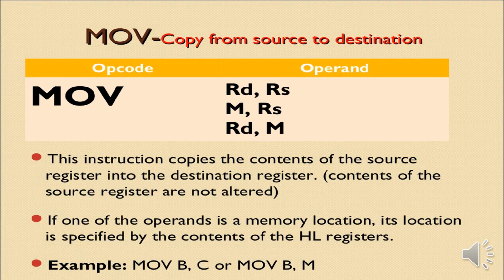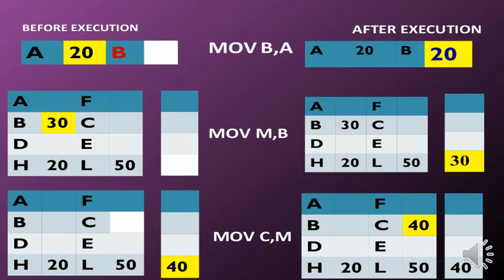So the 8-bit data stored at the 16-bit memory address is copied into the B register. In the move instruction, the content of the source register, 8-bit data, is copied into the destination register. The destination register is an 8-bit register.